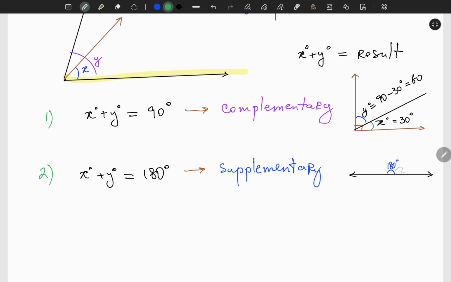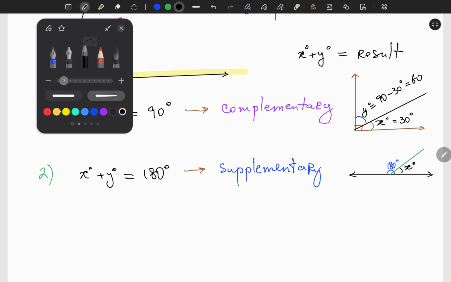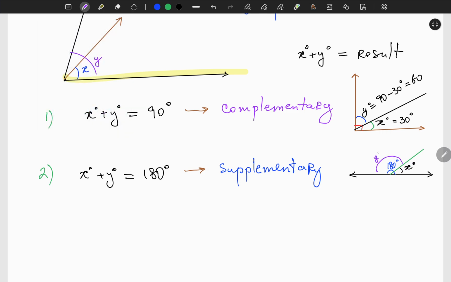Let's choose somewhere here to be angle x, and the rest of the part is going to be angle y. If x is 40 degrees, and another angle is 50 degrees, then y is going to be 180 minus 40 minus 50 degrees. Doing the simple algebra, we get 90 degrees.